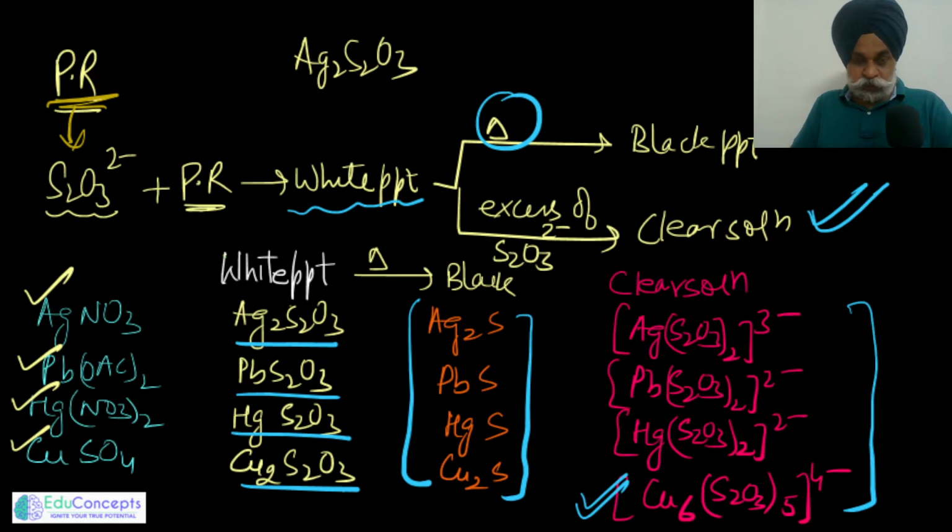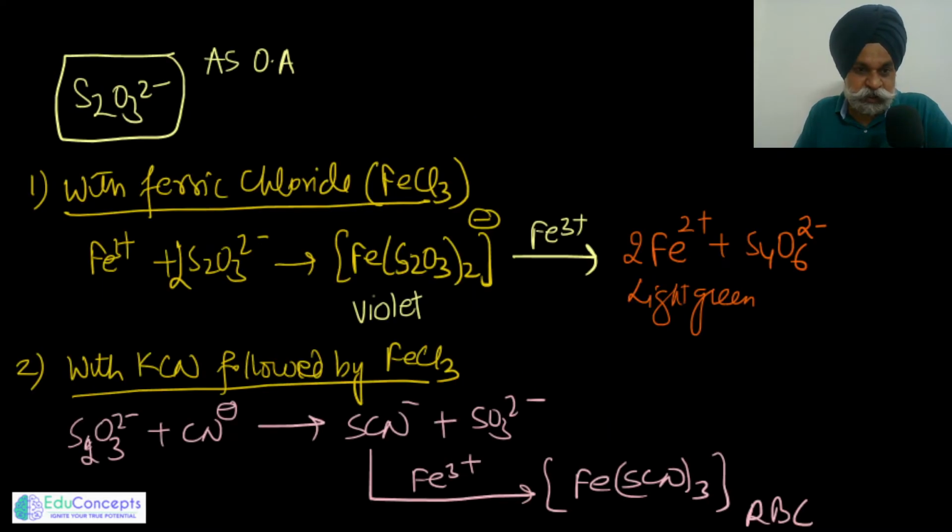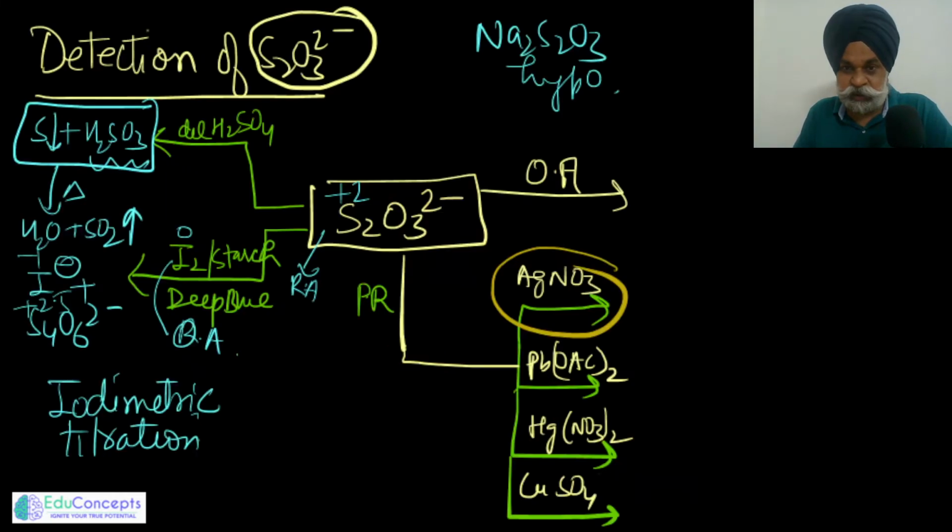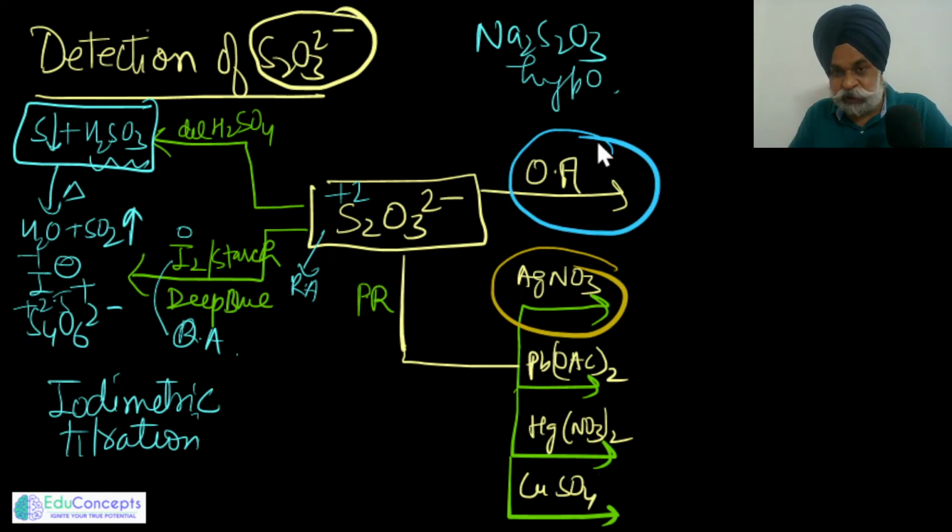Next, so the video may go long. Next would be the case of thiosulfate as a reducing agent. That I think I missed somewhere. Yes, here. It can react with ferric chloride, or it can react with cyanide ion followed by ferric chloride. These two reactions are also very, very important because of the color change.